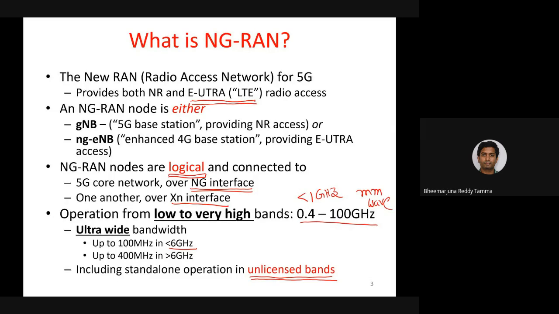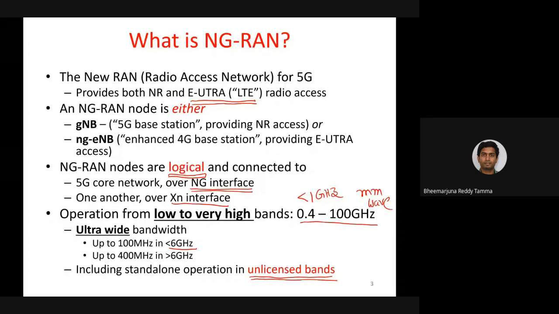The operators can leverage this abundant amount of unlicensed spectrum without having to pay any royalty to the regulatory bodies to offer some kind of services, especially the best effort services which users expect at very low tariff, which could be non-real-time kind of things.